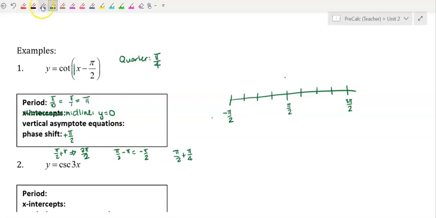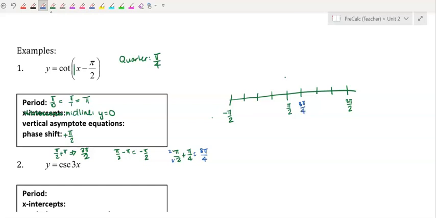And then in order to do that, remember you have to have a common denominator. So I'm going to multiply on the left side by 2. And now I have 2 pi plus pi, which is going to get me 3 pi over 4. So that's my next value here, 3 pi over 4.